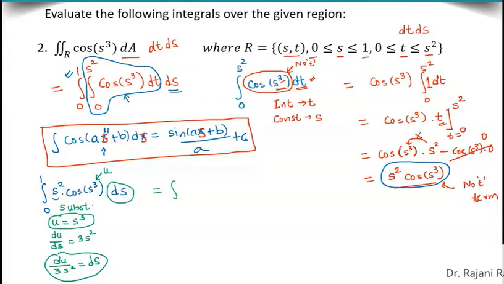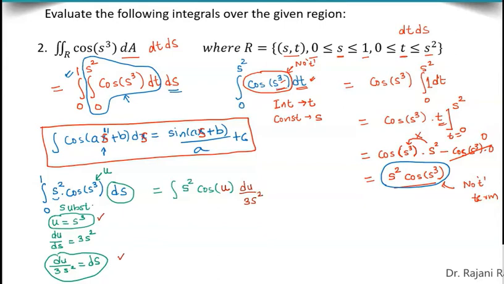We will write down the limits after getting the final answer in terms of s. So s square we keep the same as we are not changing it. Cosine of, in place of s power 3, we are using u. And in place of ds, we have the new value, du over 3s power 2.